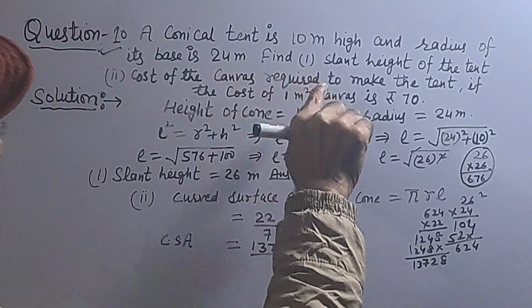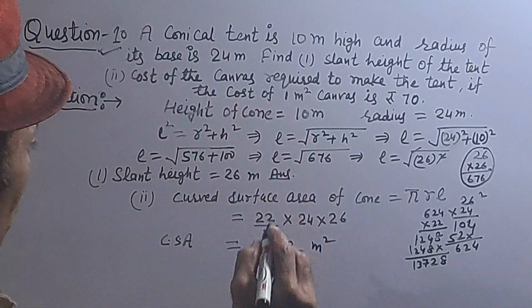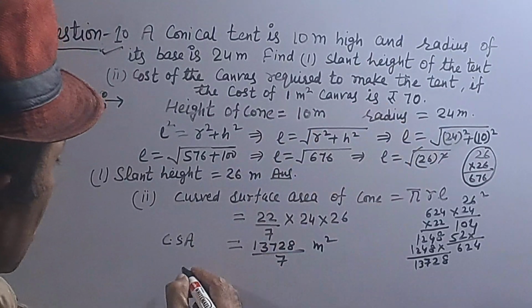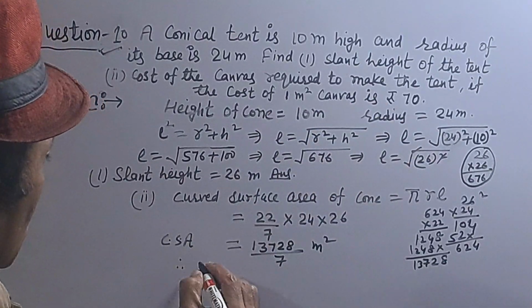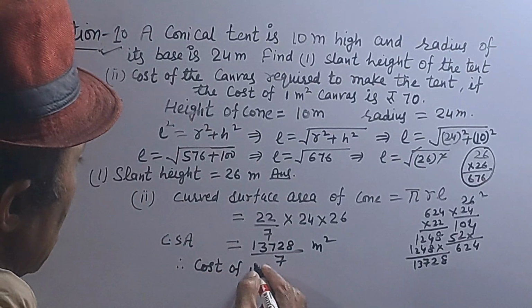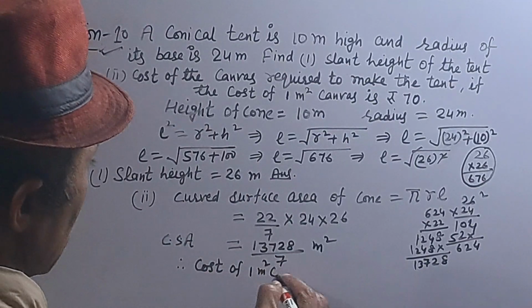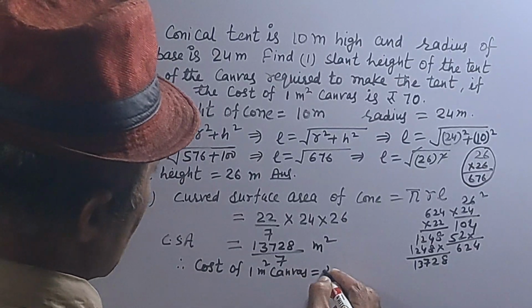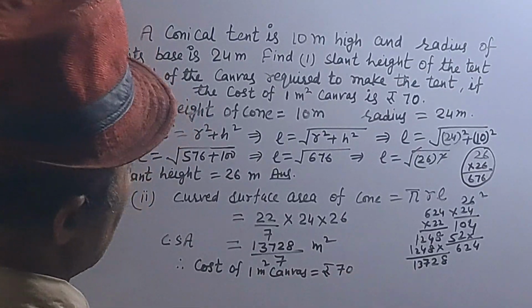Cost of canvas required to make the tent, if the cost of 1 meter square canvas is rupees 70.